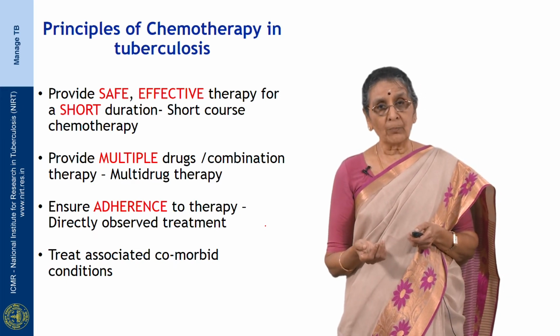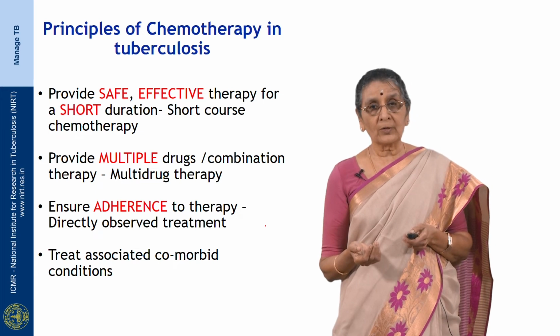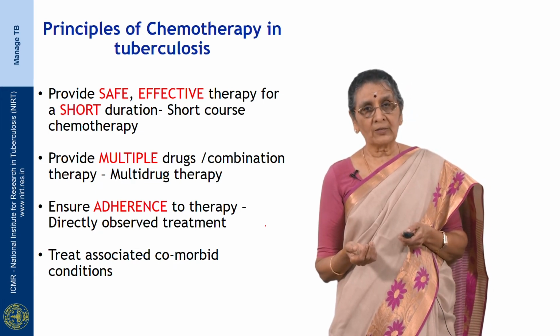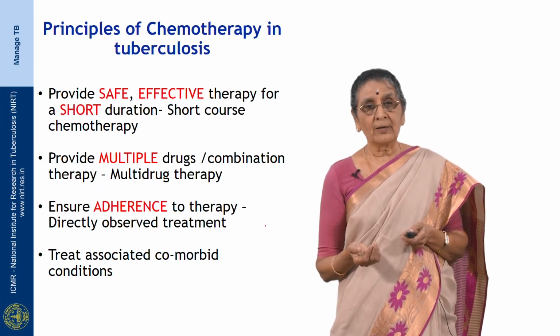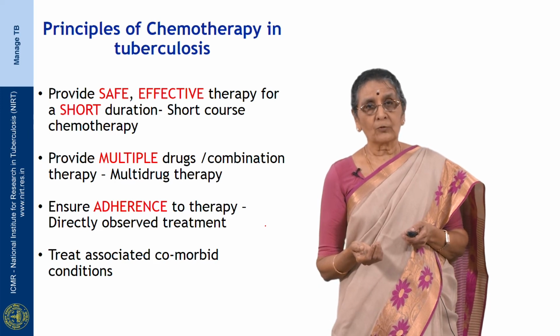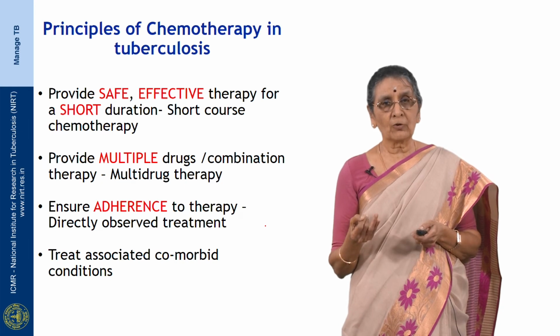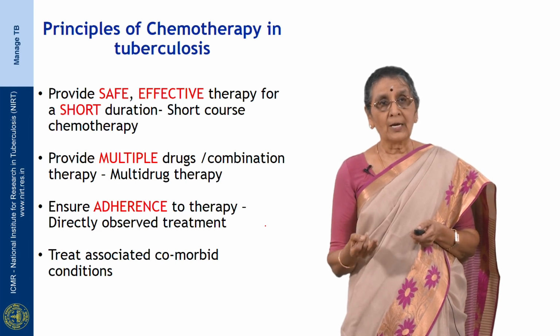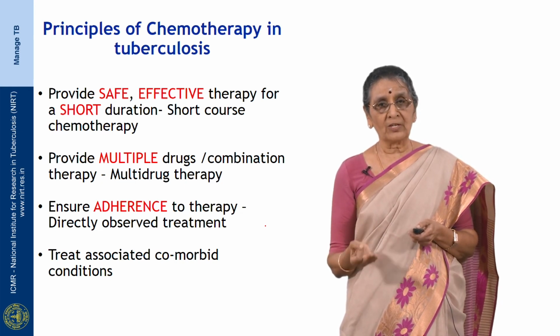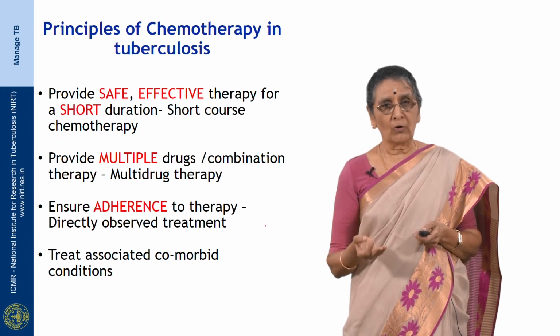It is also equally important to look for associated comorbidity like HIV and diabetes and treat them accordingly. So, to summarize, safety and efficacy is very important, use multiple drug combination, that is also very important, and see that the patient completes this treatment and help him by giving DOTS.